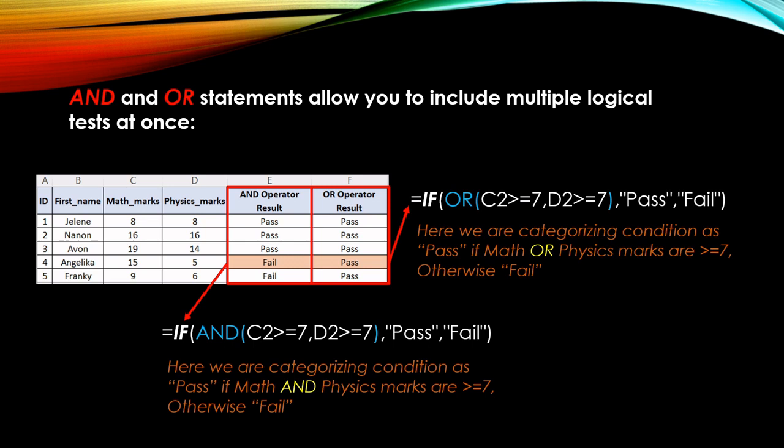So here we have student details, where we are distinguishing between the math marks and the physics marks. If the student gets more than 16 marks, then he will get distinction. And if marks are between 17 to 16, then the student will pass, otherwise fail. So that's where the AND and OR statements come into play.